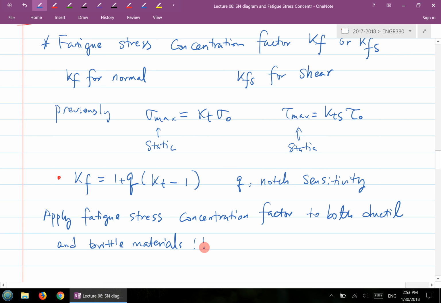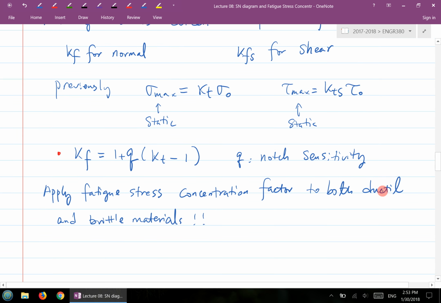If it is fatigue loading and the part has a notch sensitive area, a groove or a hole, make sure you apply this KF or KFS to either one of the materials. It doesn't matter what type of material you're using now. Just apply it.